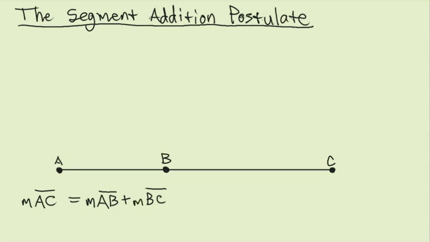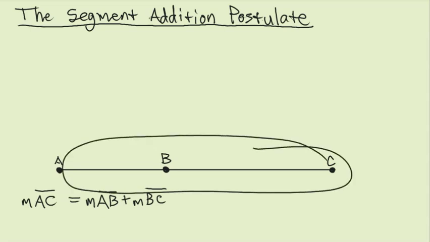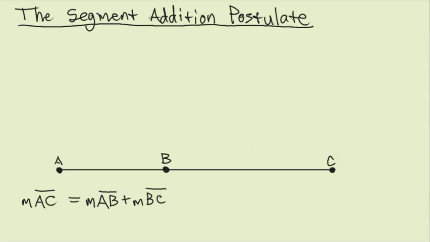Okay? You can add any two segments that are right next to each other, any two consecutive segments, you can add them together and you can get the length of the whole segment that is made up of those two consecutive smaller segments. Okay, so here I'm gonna write out the segment addition postulate.